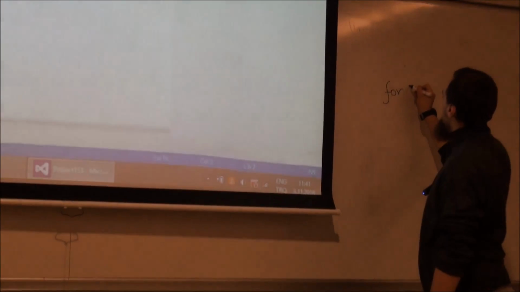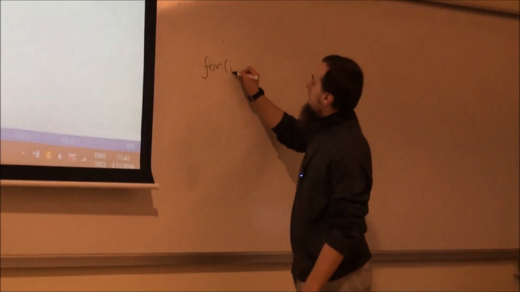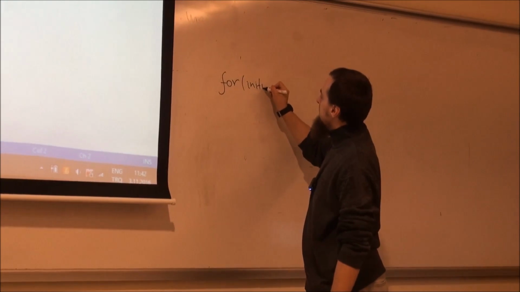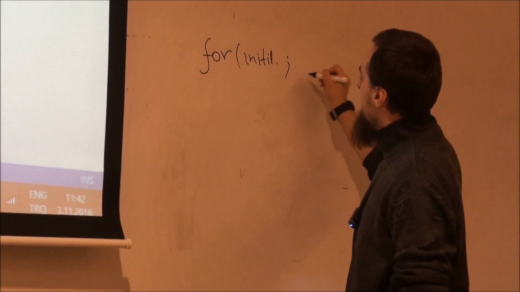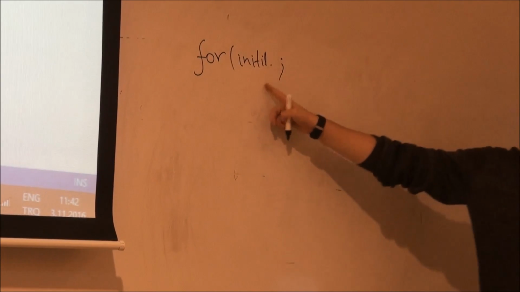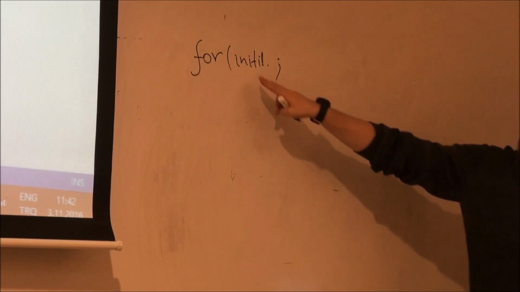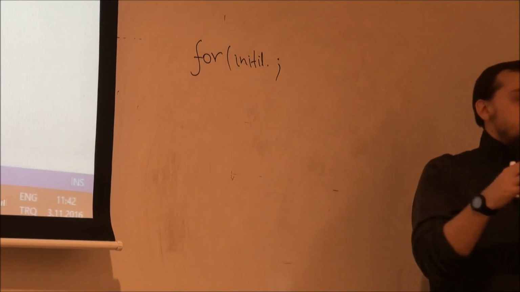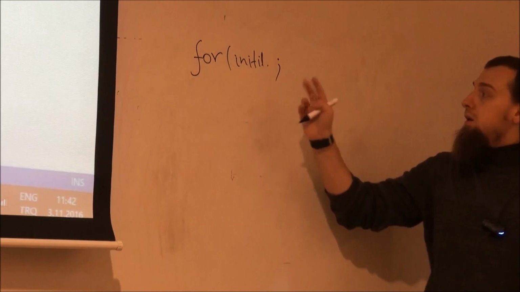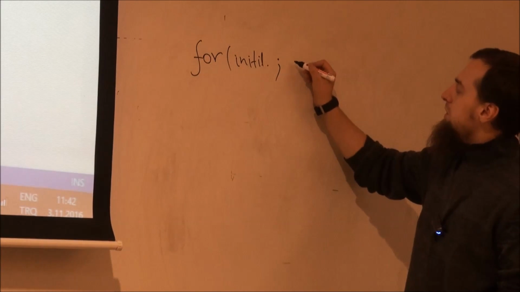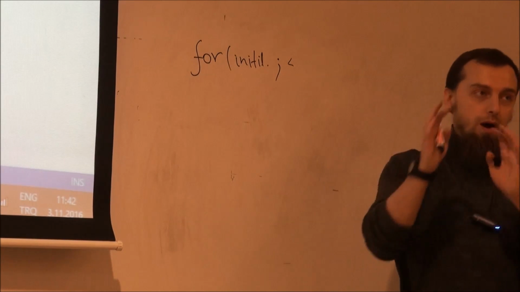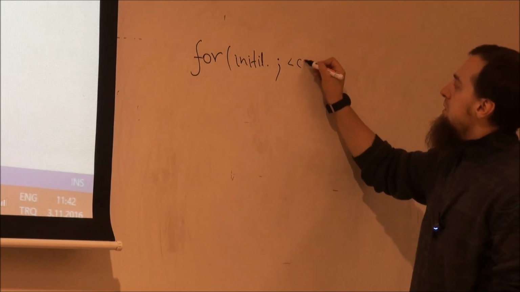This is how a for loop works. The initialization of the loop starts here. You have something initial here. Then you have the condition here, which is like the while part. Is it true or false?